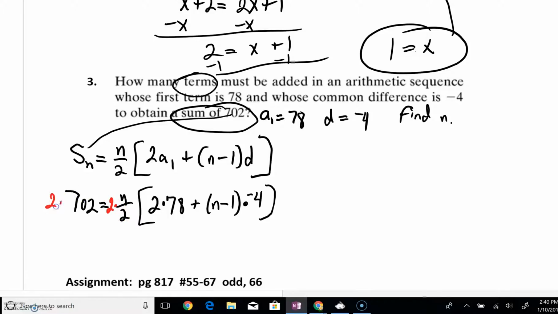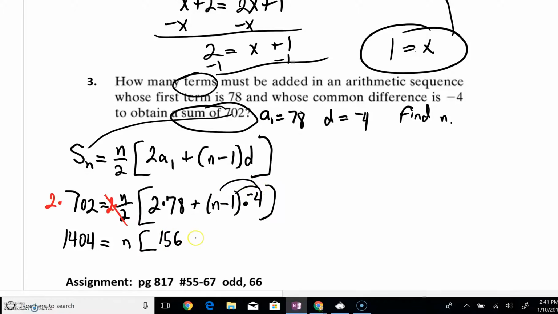First things first, I want to get rid of this little fraction. I'm going to multiply both sides by 2. And that's a smart thing to do. You can quickly see that you'll get 1404 on this left side. The right side, you'll just have an n. And 2 times 78 would be 156.